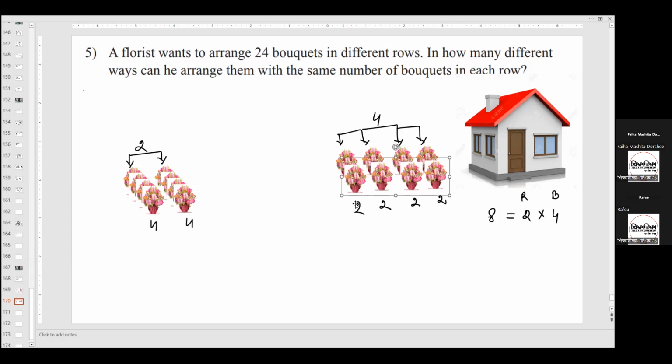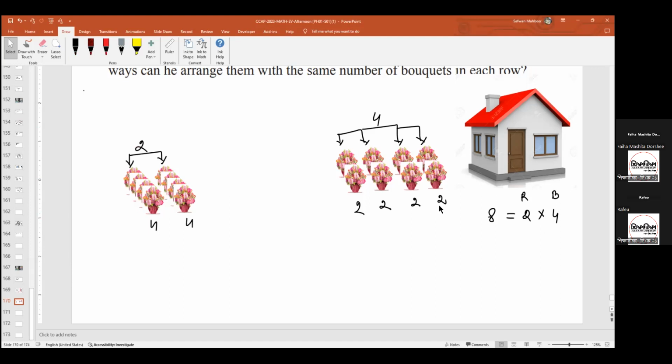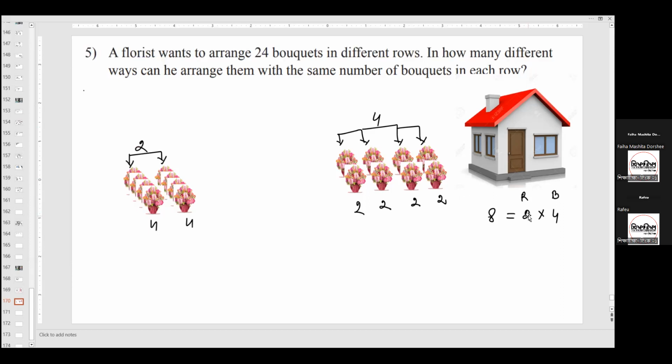ব্যাপারটা বুঝতে পারছি? Hello. জি স্যার। Yes. So how many different ways do I have? I have 2 different ways, right? If I go for 2 rows, then in each row I got 4 bouquets. If I go for 4 rows, then I have 2 bouquets in each row.